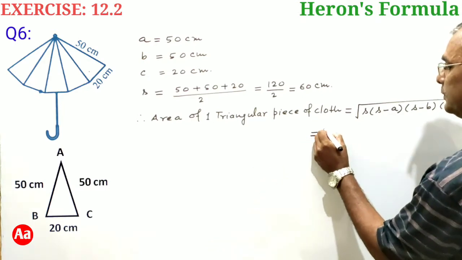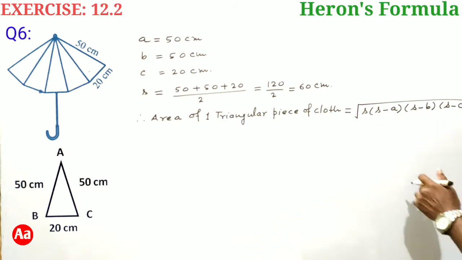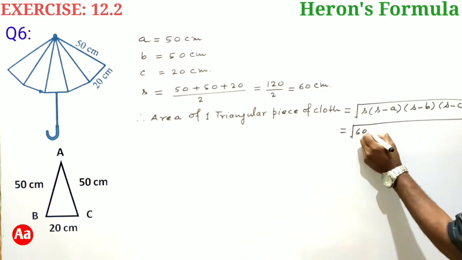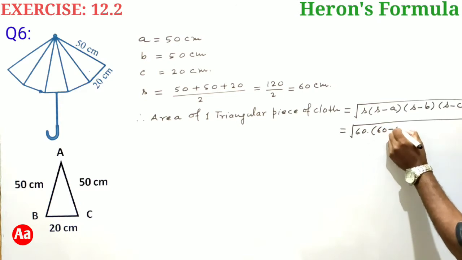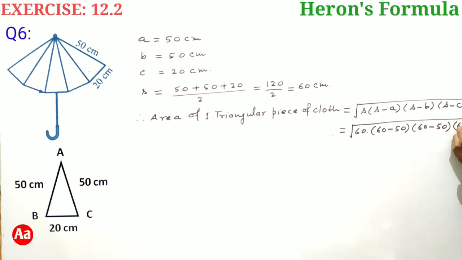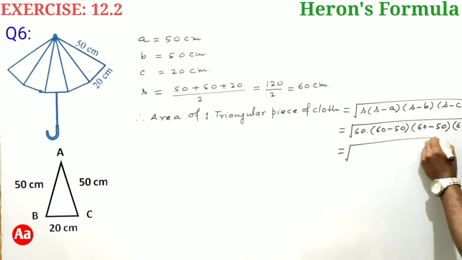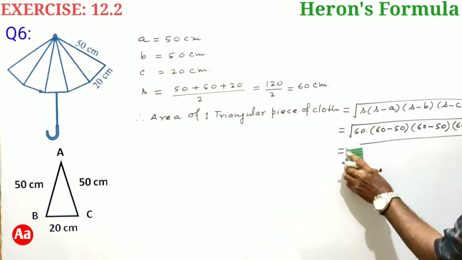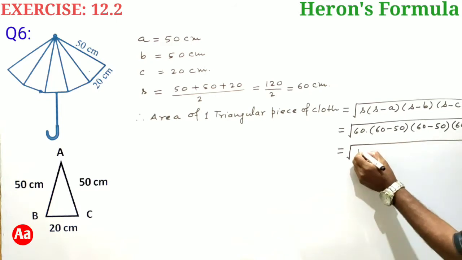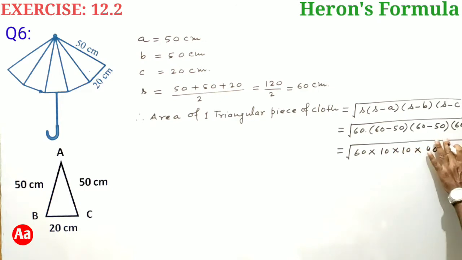So this is equal to under root 60 into (60 minus 50) into (60 minus 50) into (60 minus 20), which is equal to under root 60 into 10 into 10 into 40.